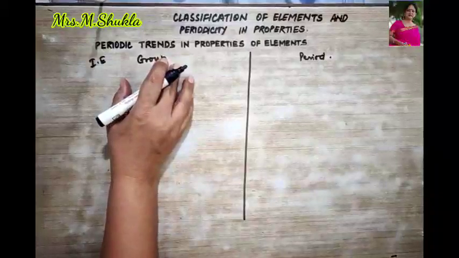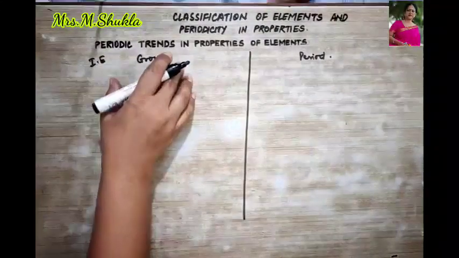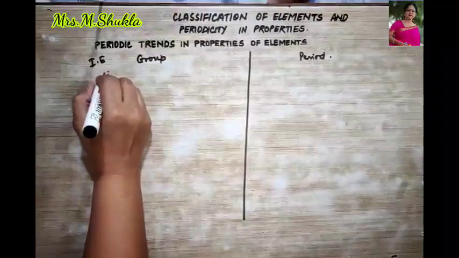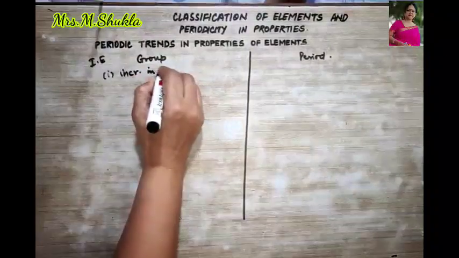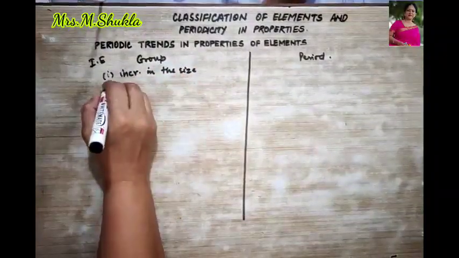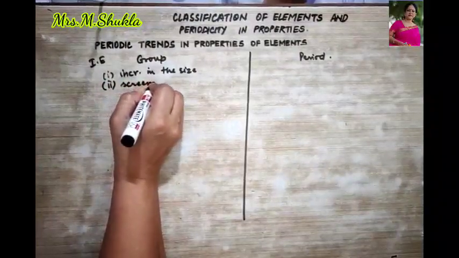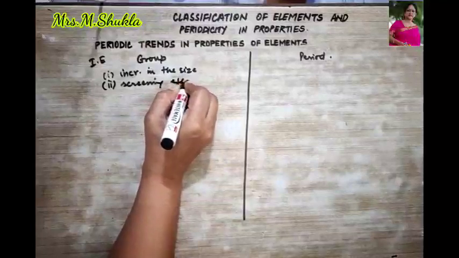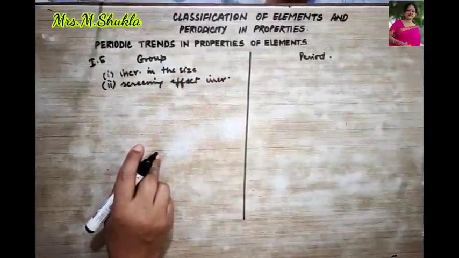So let us talk about the variation in the group. In the group we know that as we go down, what happens? Firstly, there is an increase in the size of an atom. Secondly, what else do we know? The screening effect also increases as we go down the group, right?